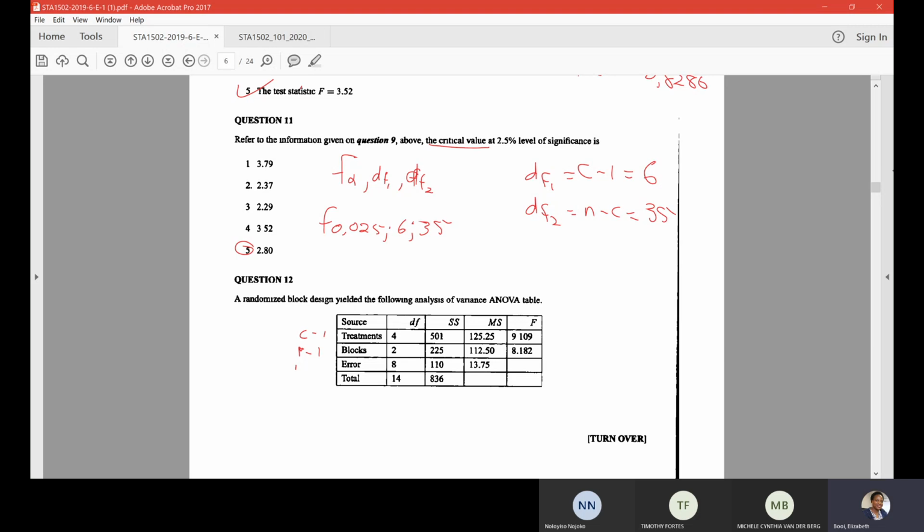Now this will be C minus 1 times R minus 1.